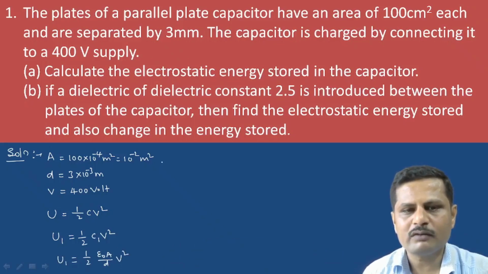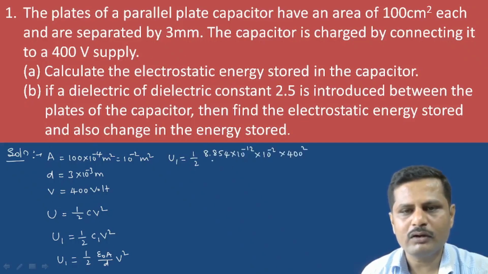I'm substituting the values, that is U1 equals to, we know that epsilon naught is 8.854 into 10 raised to minus 12, and area is 10 raised to minus 2, and V square, that is 400 whole square, divided by the distance between the two plates, which is 3 into 10 raised to minus 3.